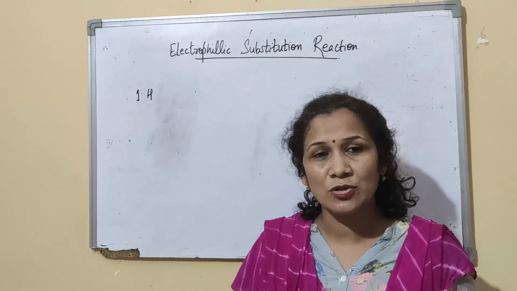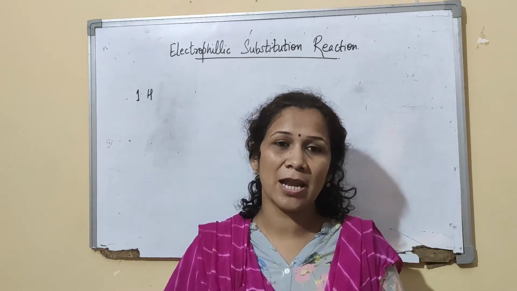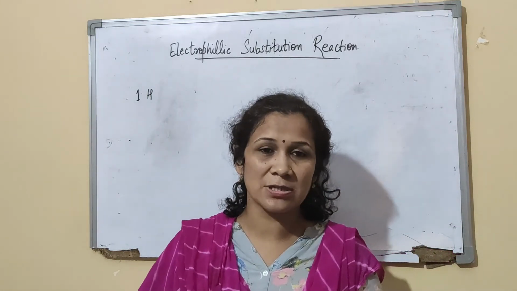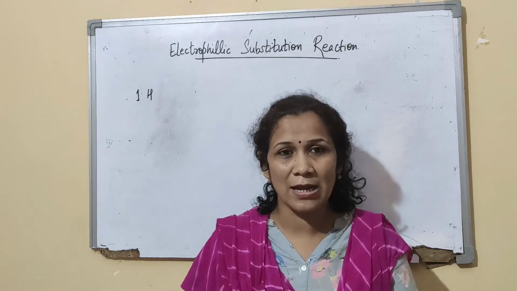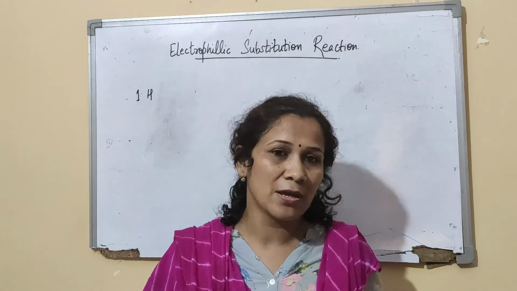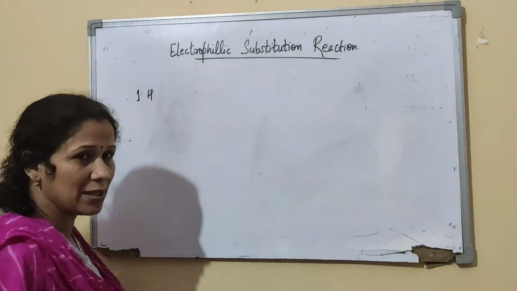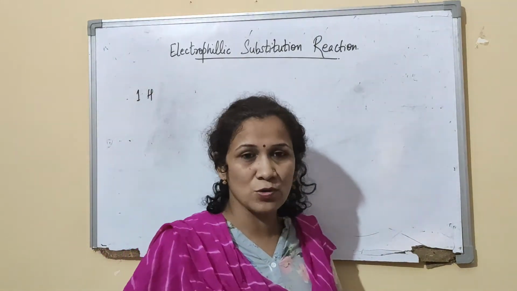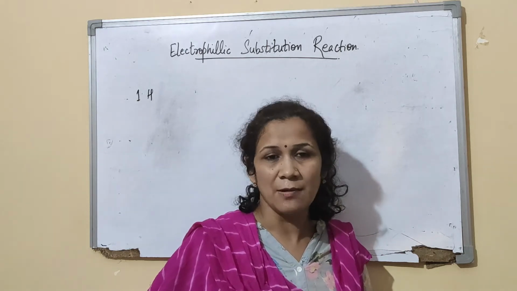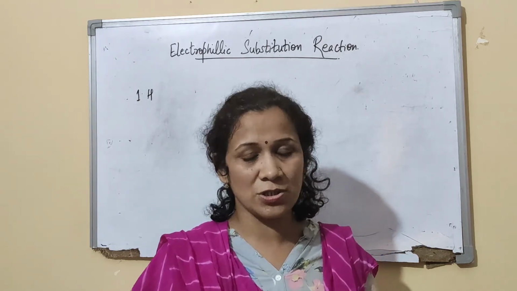So now we'll move on to the next reactions that the haloarenes show, and they are electrophilic substitution reactions. That is electrophile coming and getting attached to the benzene ring. So every time we read electrophilic substitution reactions, we have basically 5 reactions that take place. First would be halogenation.